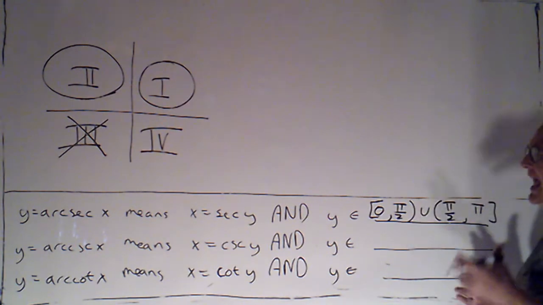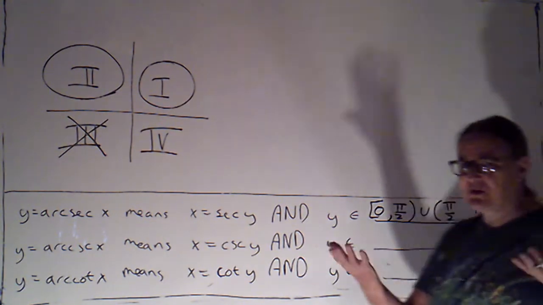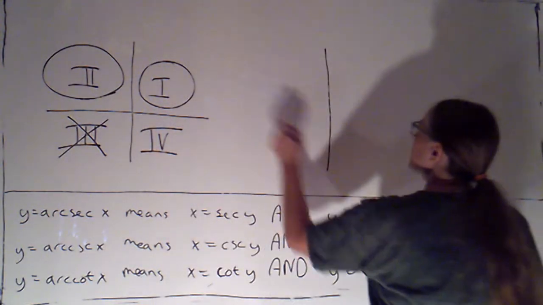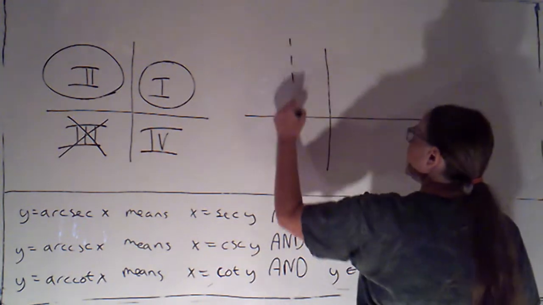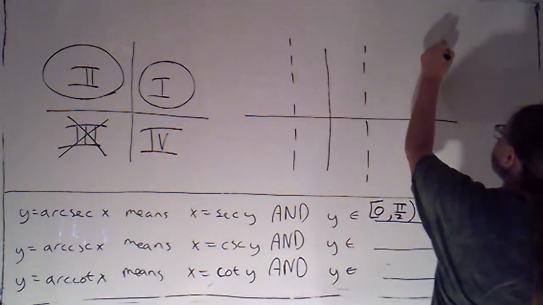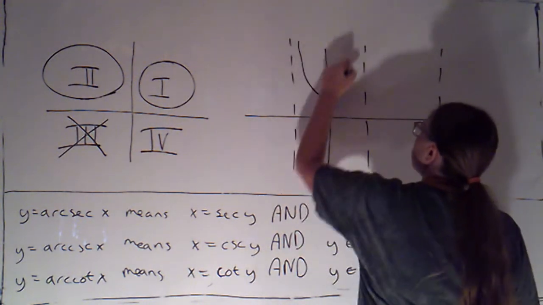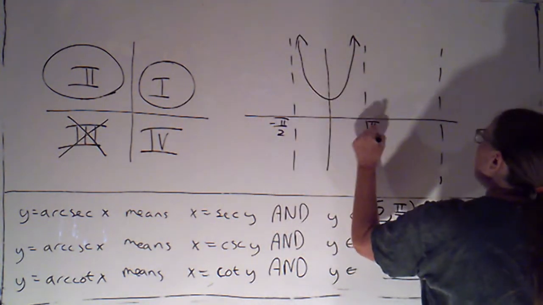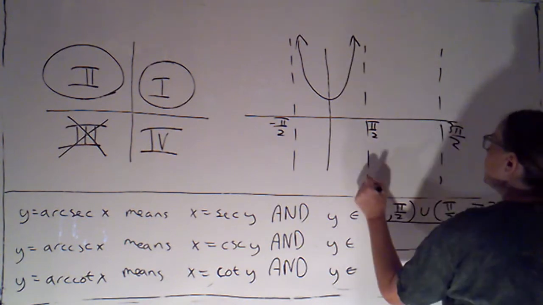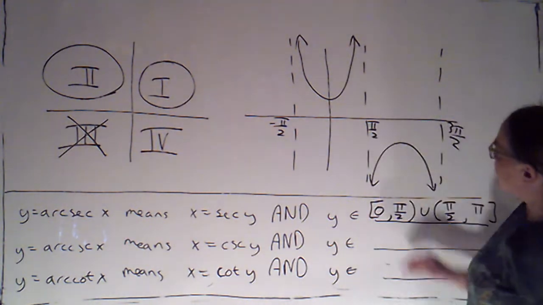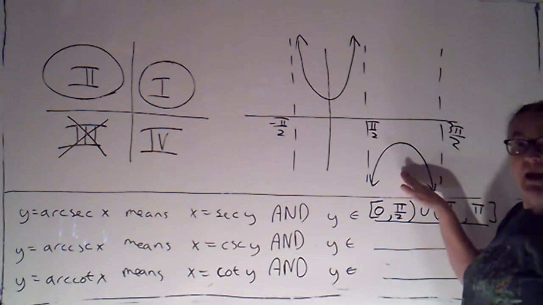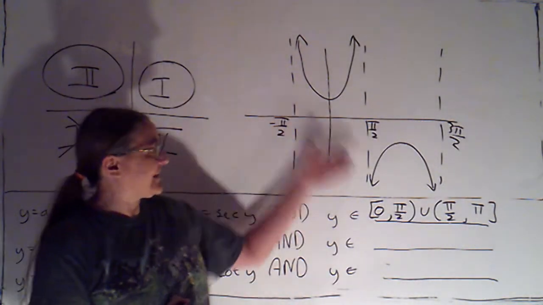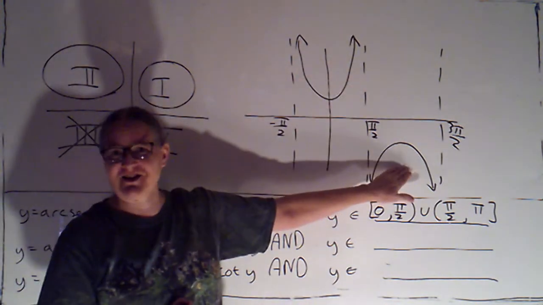Now, that means I've got two separate intervals. Not ideal, but there's really no way to avoid that with secant. If I look at the graph of secant, where these asymptotes are at my odd multiples of pi over 2, there's no way I can restrict the domain, get the part of the graph that's positive and part that's negative, and have it connect, because the positive part doesn't touch the negative part.